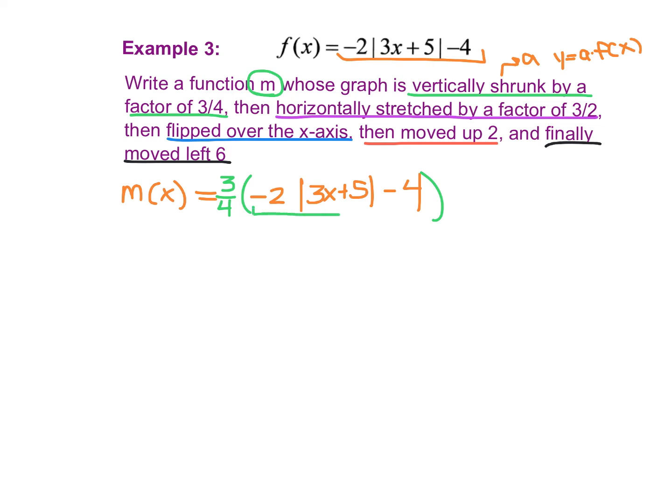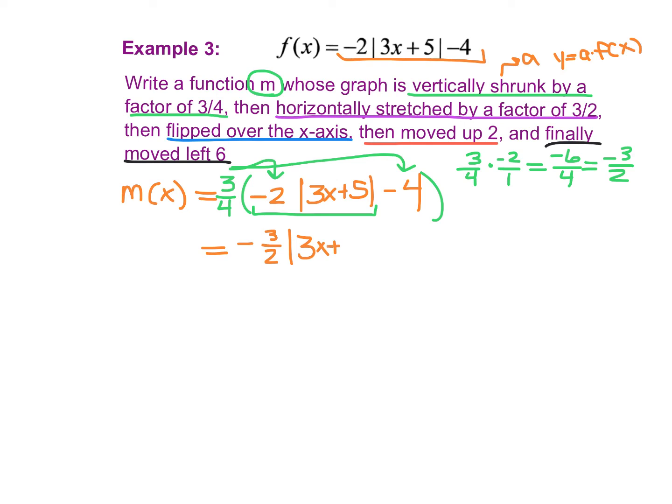So I distribute the 3/4 to this first chunk, so it multiplies by the -2, and to the second chunk, so it multiplies by the -4. So here I have 3/4 times -2, and I'm going to put that over 1. So that becomes -6/4, which becomes -3/2. So this first piece here becomes -3/2 on the outside.